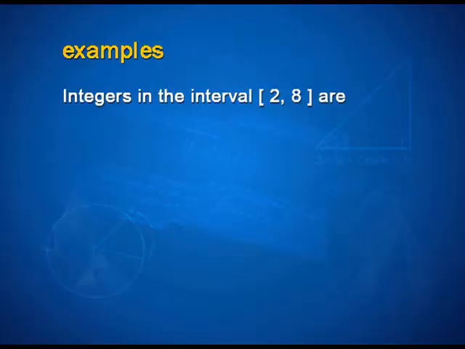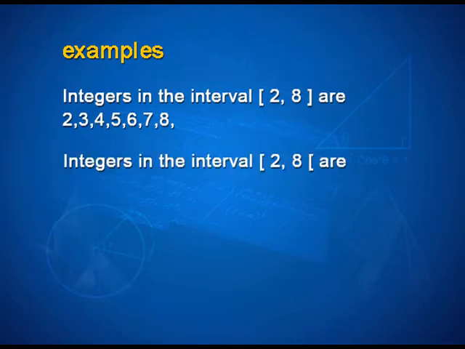Let us take up some examples. Find the integers in the interval 2 comma 8 with closed brackets. The integers are 2, 3, 4, 5, 6, 7 and 8. Integers in the interval closed bracket 2 open bracket 8 are 2, 3, 4, 5, 6 and 7.